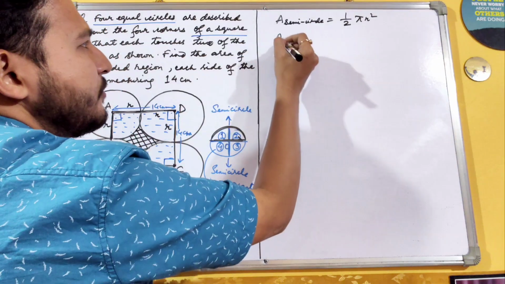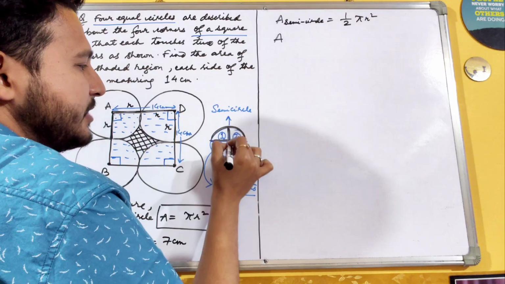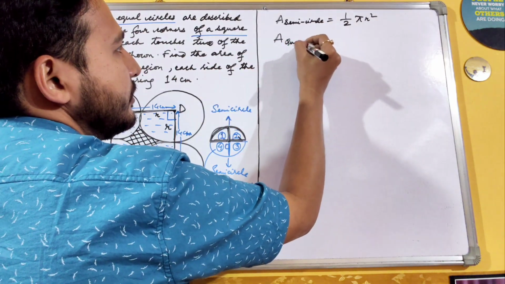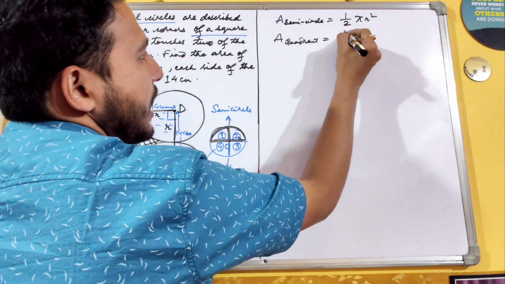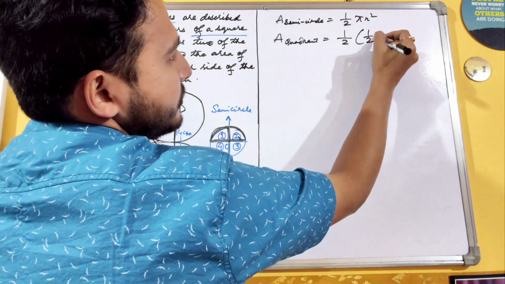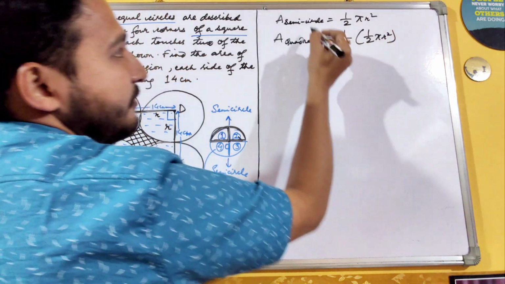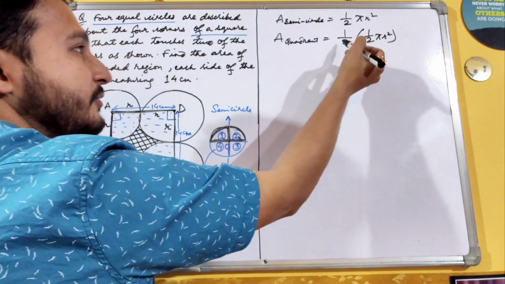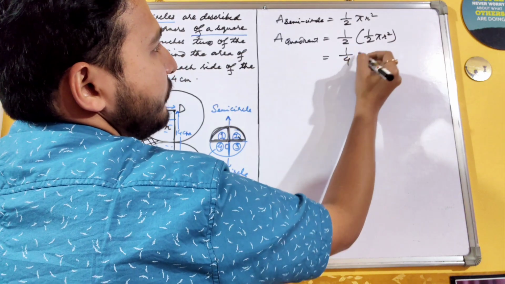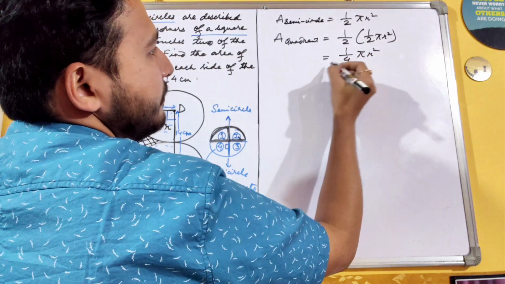Now what is the area of a quadrant? That is also half of a semicircle, isn't it? Area of quadrant is half of half of pi r square, because half of a semicircle will give you a quadrant. So half into half, 1 by 4 pi r square.